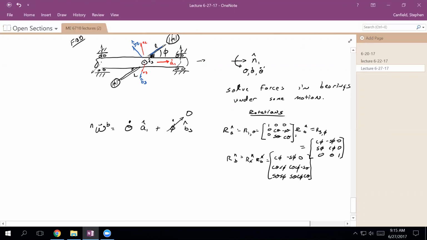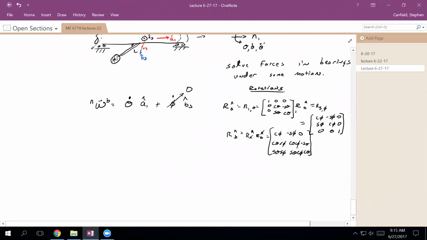I could write the angular velocity, okay, so I'm going to need to do that, but I want to practice writing the angular velocity a couple times here.